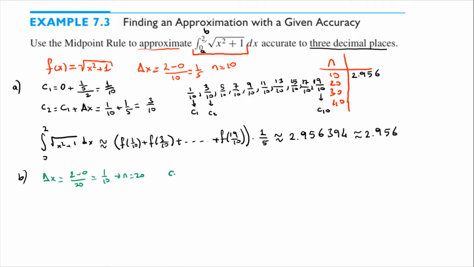So you're going to find c1, which is a plus delta x over 2, 0 plus 1 over 10 over 2. The answer is 1 over 20. What's going to be c2? 1 over 20 plus 1 over 10, which is 3 over 20.